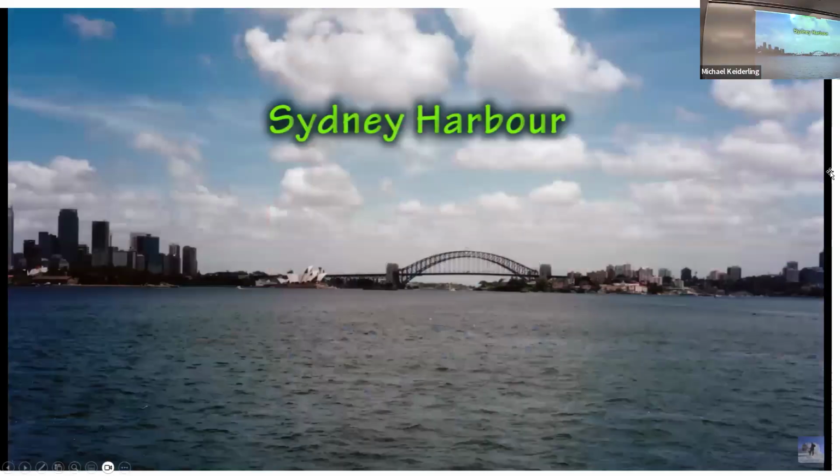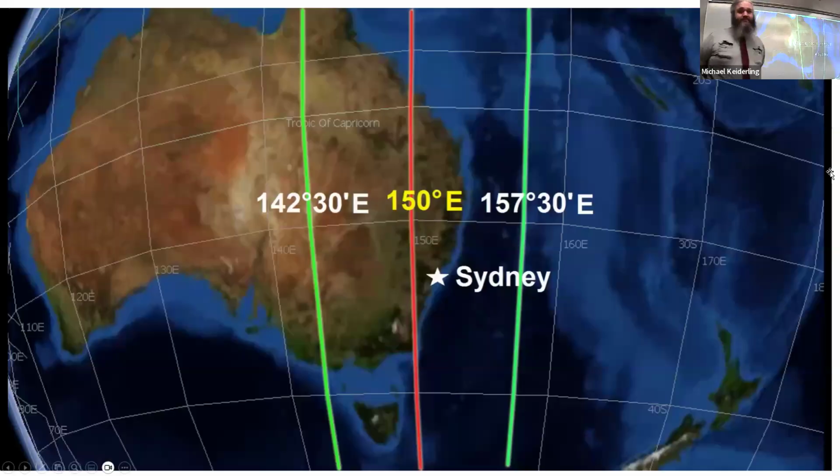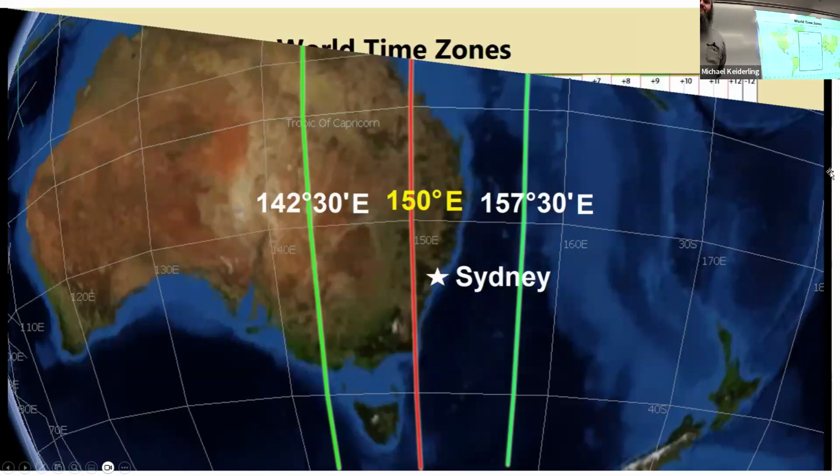For example, Sydney, Australia, lies in the 150 degrees east central meridian, and the time zone includes all locations between 142.5 degrees east and 157.5 degrees east.